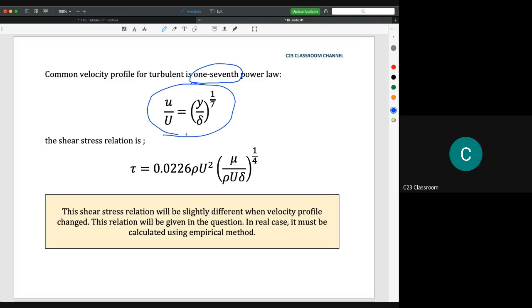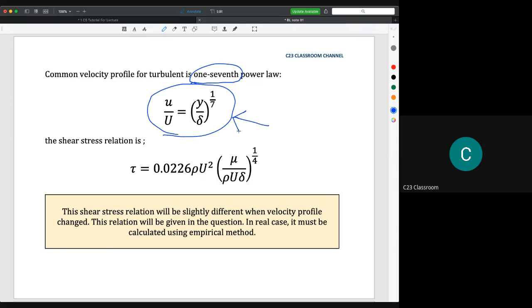So if you have a turbulent boundary layer and the velocity profile is not given, you could immediately use the 1/7 power law. For laminar boundary layers, if the velocity profile is not given, you could use Blasius. For turbulent, you could use the 1/7 power law.